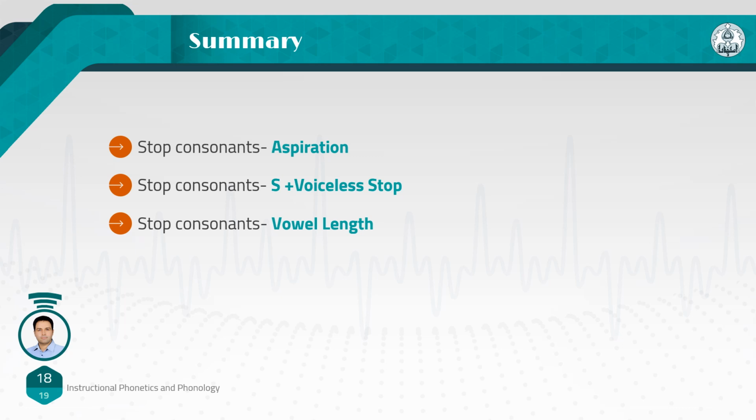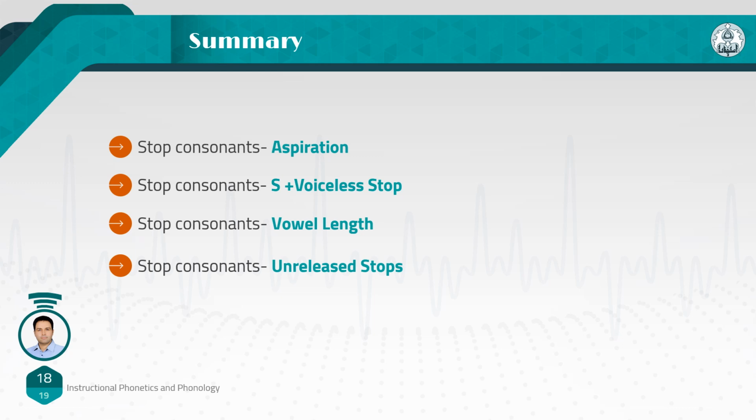We said that in words like nap and nab, the vowel is much shorter before the voiceless consonants, like p, t, and k, than it is before the voiced consonants like b, d, and g. Afterwards, we explained unreleased stops, like take a cap and take a cap now, or the cat versus the cat pushed.